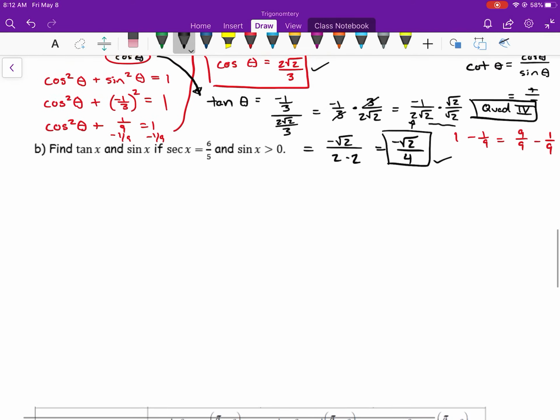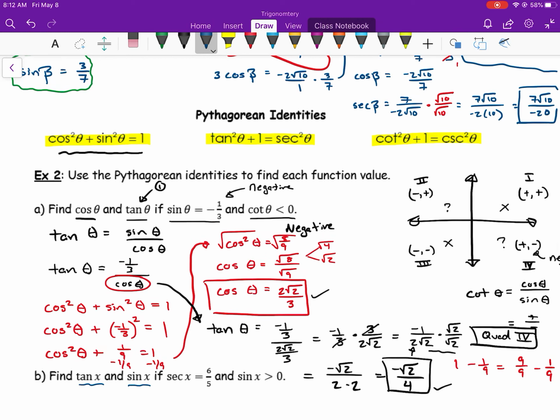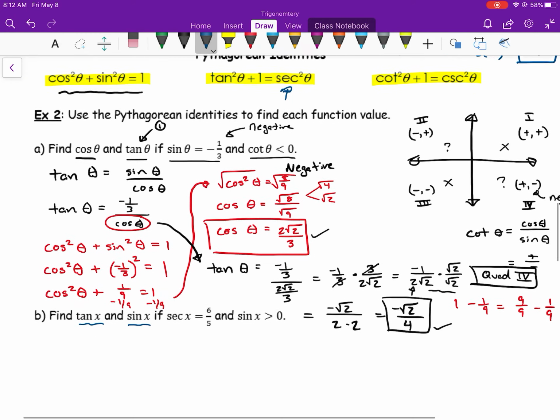All right, and then for this one, I need tangent of x and sine of x. I'm given secant of x is 6/5. So what do I know? Well, I need tangent, but I'm given secant, so secant will allow me to get tangent.